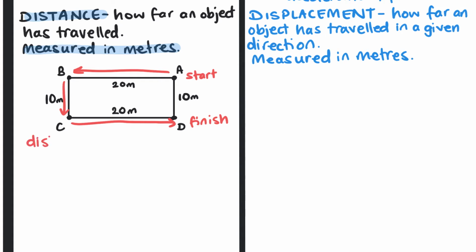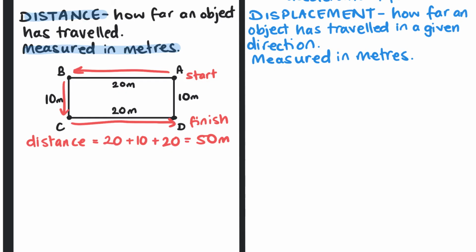So total distance in this case would be the 20 metres from A to B, plus the 10 metres from B to C, plus the 20 metres from C to D. And in total, we've travelled a distance of 50 metres.